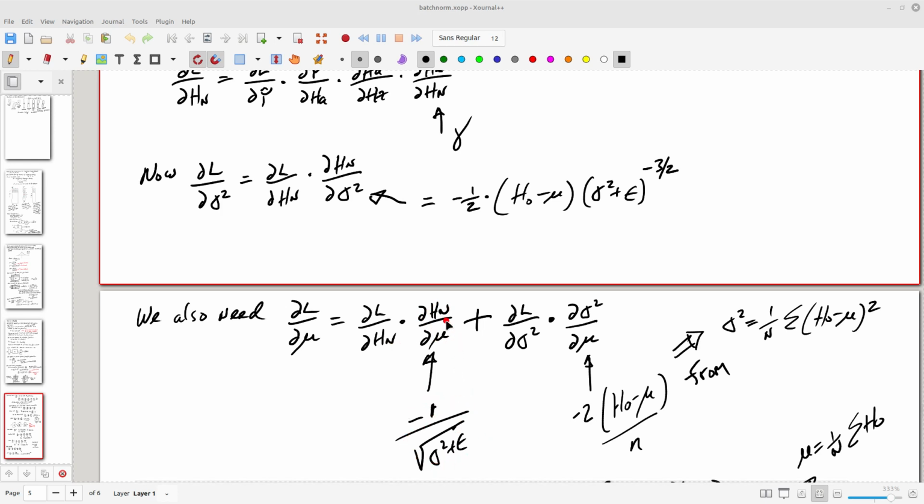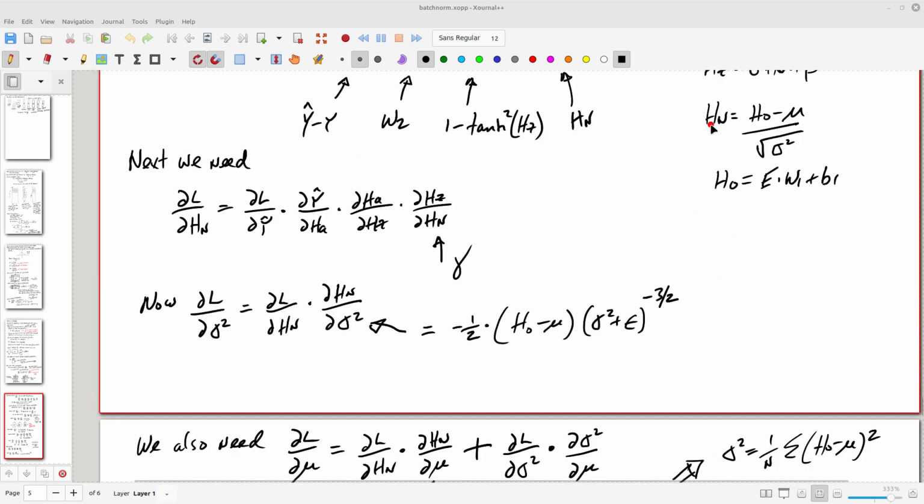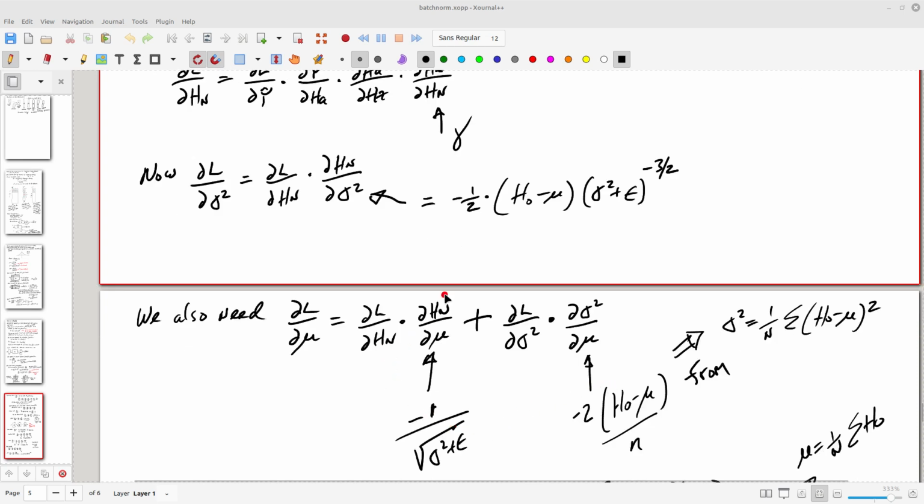Because if you look at HN, where is it here? See, if you look at the derivative DHN d mu, that's what it comes out to: minus 1 over square root of sigma squared plus E.